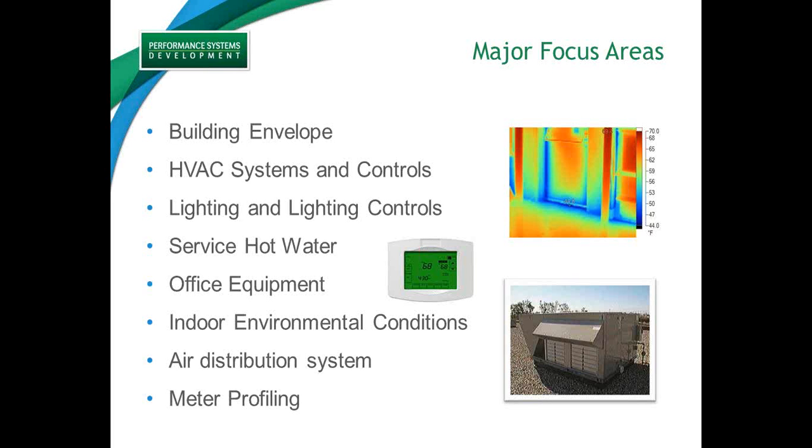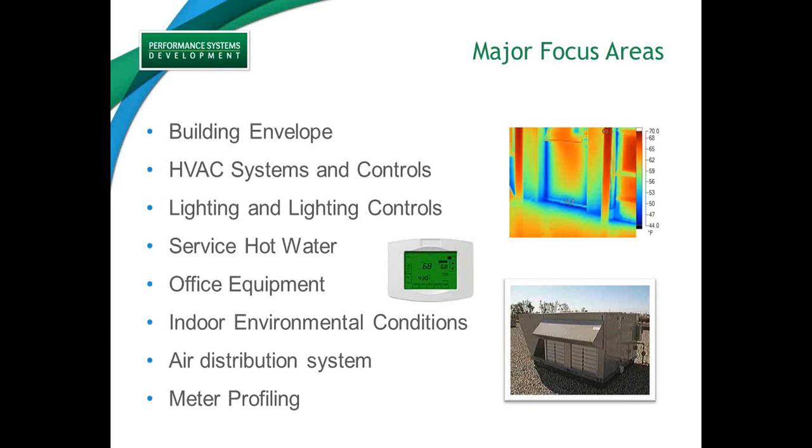All the HVAC systems, lighting and controls, service hot water, office equipment, and air distribution systems. I mean, typically these kinds of buildings have small distribution systems, and a lot of times they're poorly maintained or have a lot of holes, ducts that are not connected.